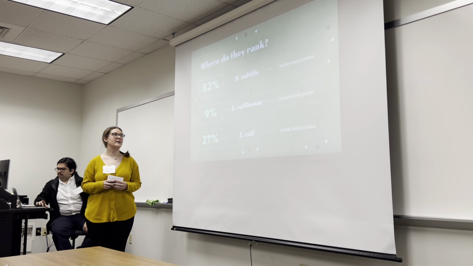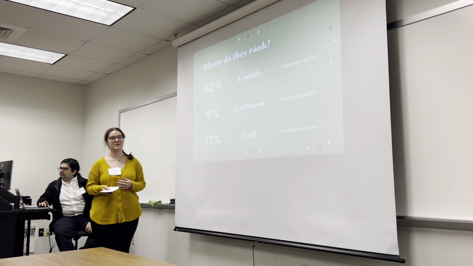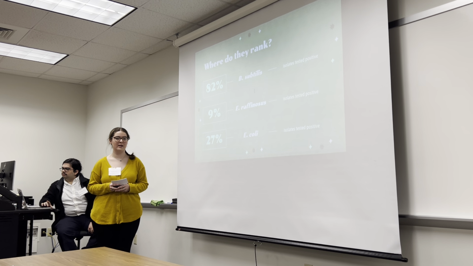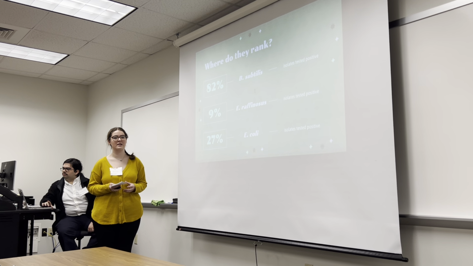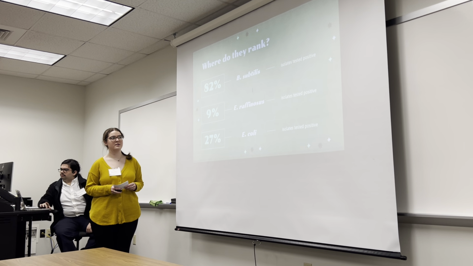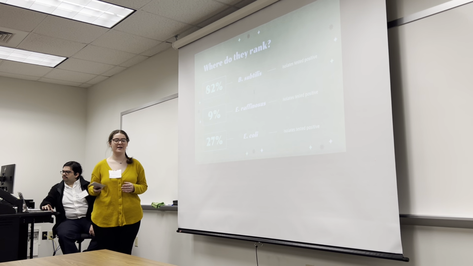So 82% of my tested positive isolates were against B. subtilis. And then only 9%, that one from Galveston, tested positive against E. raffinosis, and 27% with E. coli. This is just a basic measure of where each bacteria stands.